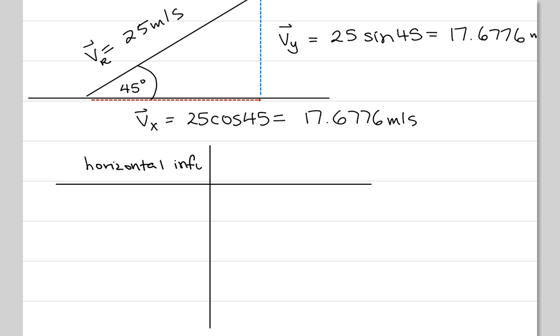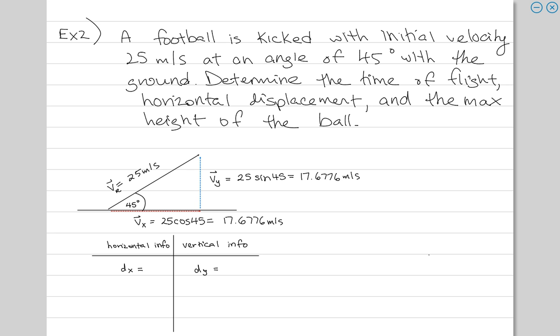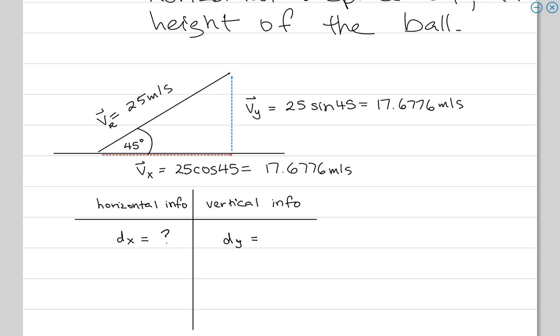So you could say X info if you wanted to be shorthand. Okay. So let's take a look at what we know. Do we know dx? Do we know dy? Or do we want to find that? Looks like they want both. So we don't know either of these.